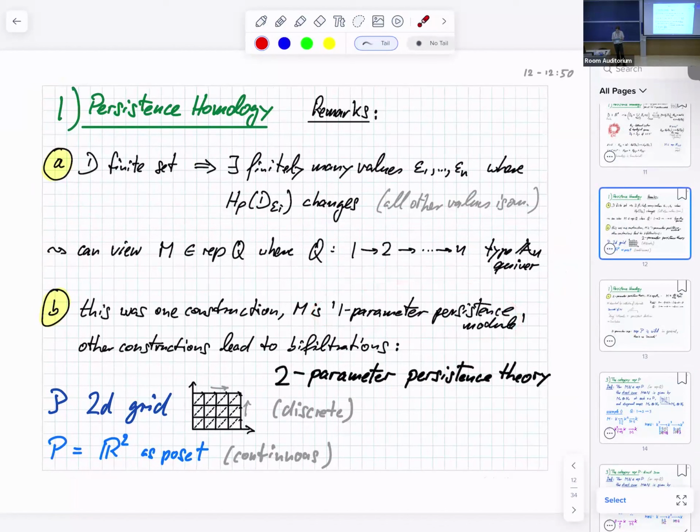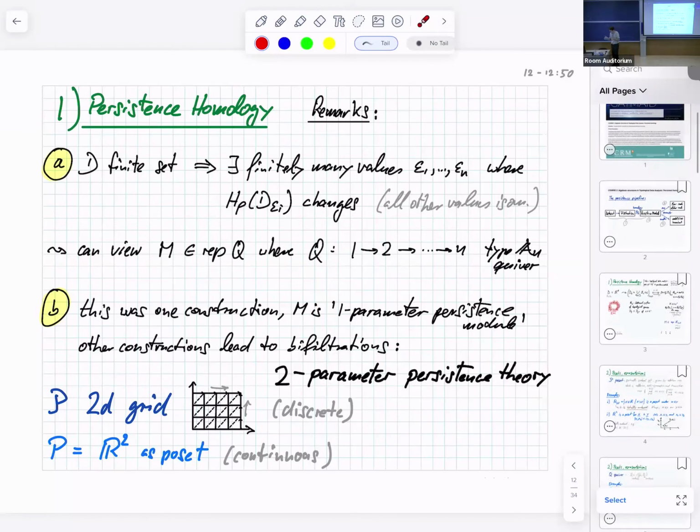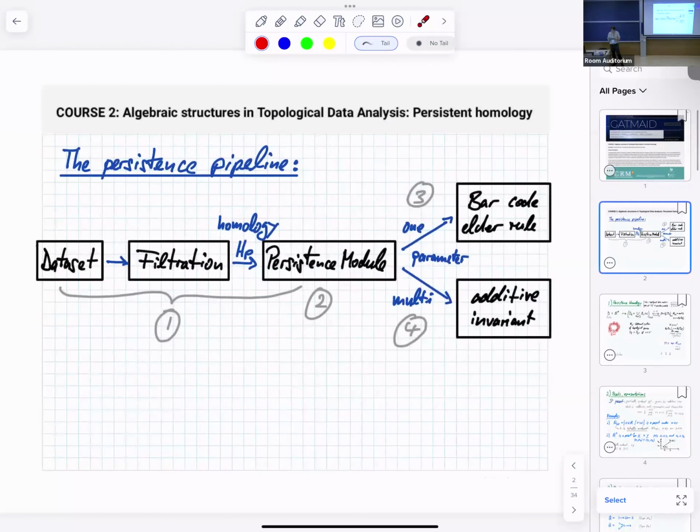But when we go further to two parameter persistence, or we study other filtrations by other posets, there is no barcode. And if there's no barcode, we have to do something else. So we kind of finished this part. When we have a filtration which is given by one parameter along a line, along AN, we compute the persistence module.